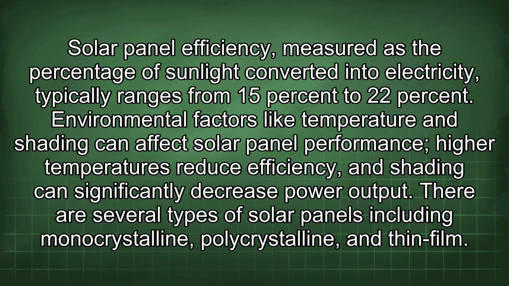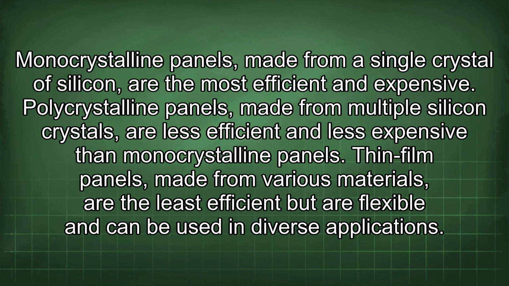There are several types of solar panels, including monocrystalline, polycrystalline, and thin film. Monocrystalline panels made from a single crystal of silicon are the most efficient and expensive. Polycrystalline panels made from multiple silicon crystals are less efficient and less expensive than monocrystalline panels.